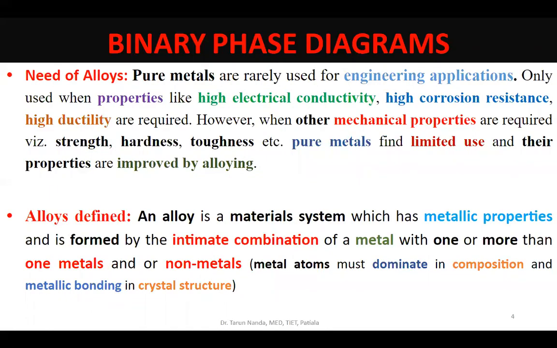Then before we actually proceed with binary equilibrium diagrams, there are a couple of things which must be clear to us. The first is, why do we need to form an alloy? What's the problem with the metals?